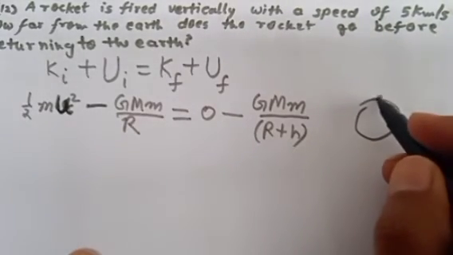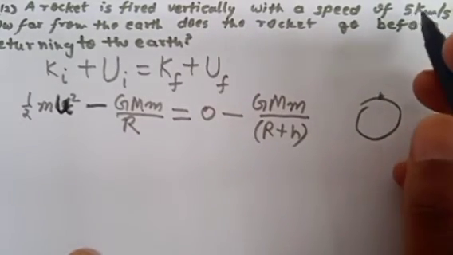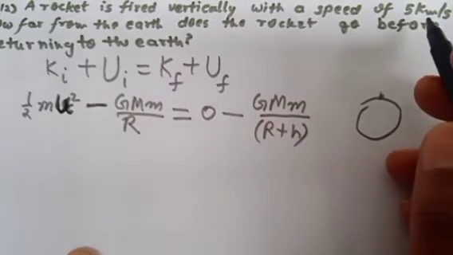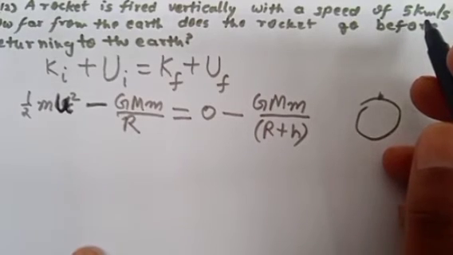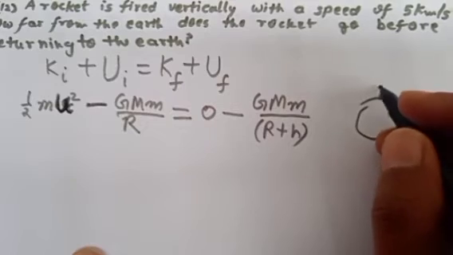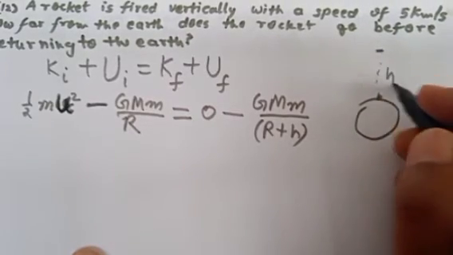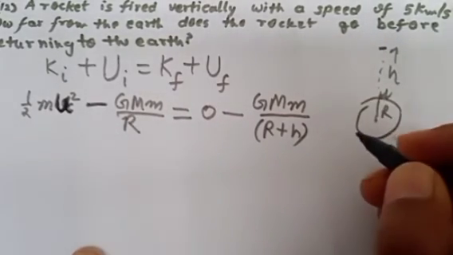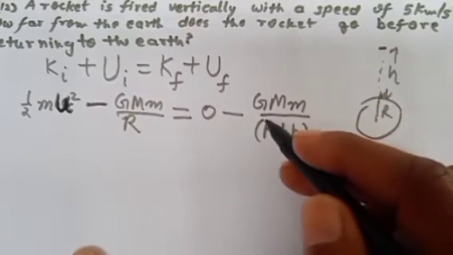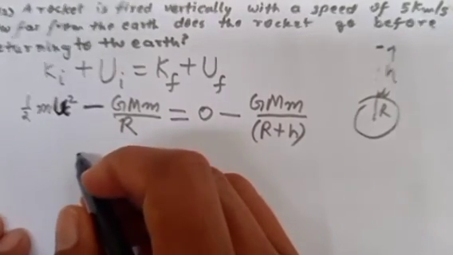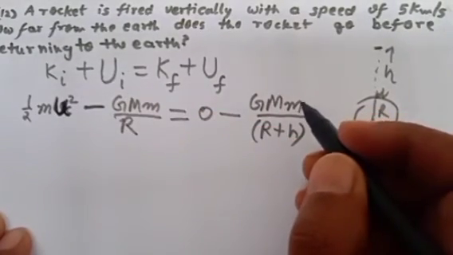This is earth, this is that object, we have thrown it with this speed, and we know that on earth escape speed is 11.2 kilometer per second. It is much lower than that, so it will not escape, but it will go up to a certain height h, from this r. There potential energy will be minus GMm upon r plus h. So the big M and small m get cancelled throughout.